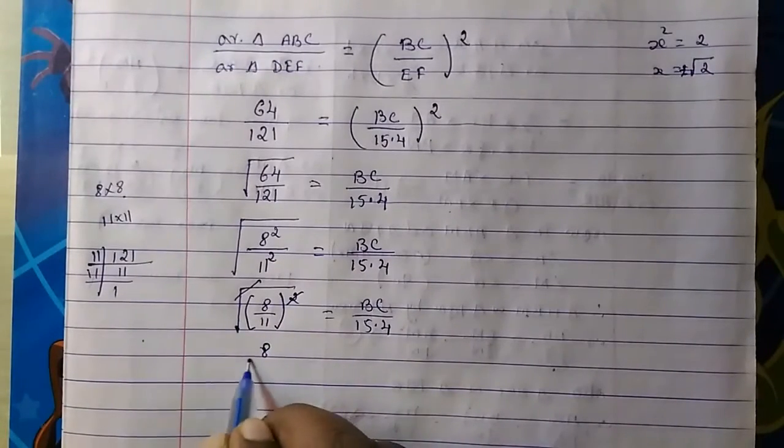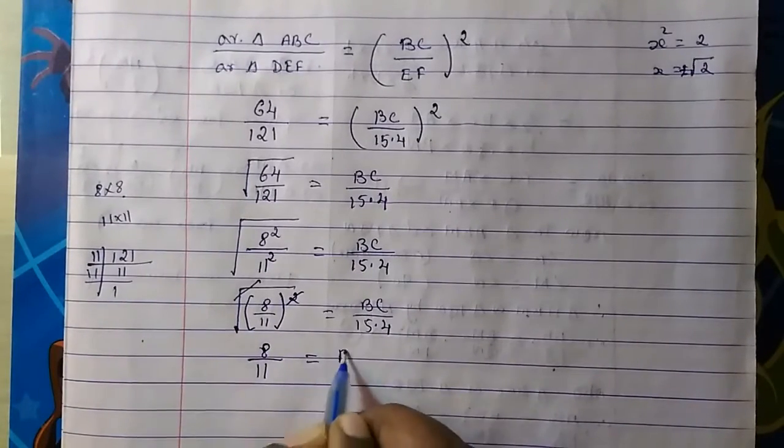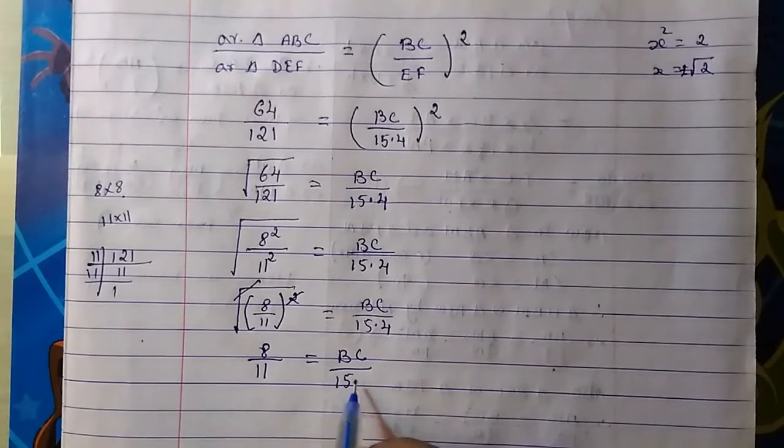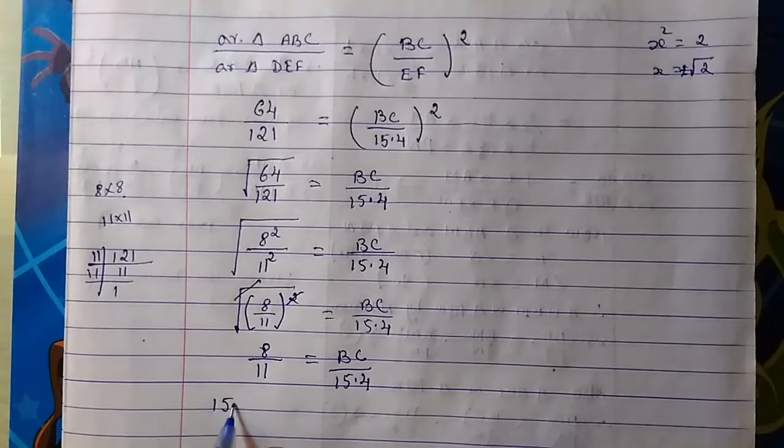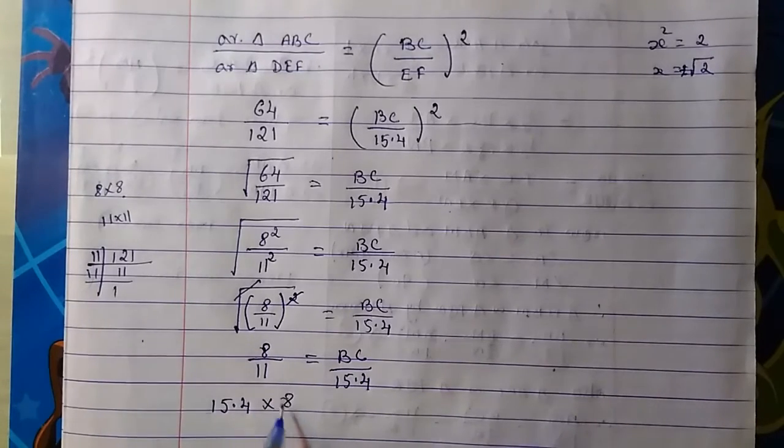So we have 8 upon 11 equal to BC upon 15.4. Now we have to find the value of BC, so keep BC there only. Let this come to this side. It is in division, when it comes here it goes to multiplication. 8 upon 11, BC we keep as it is.